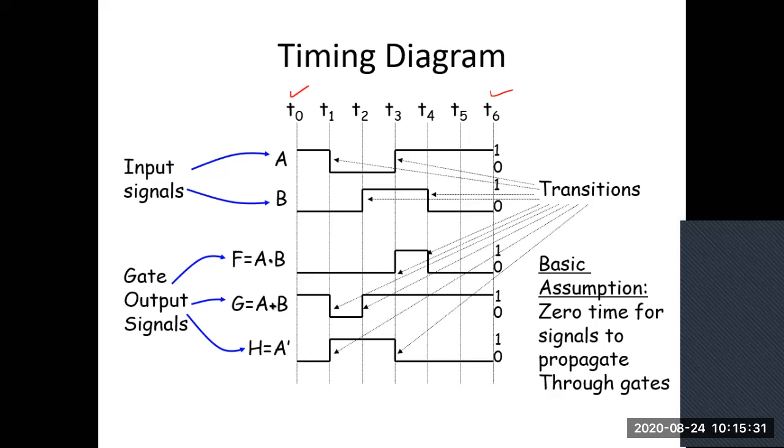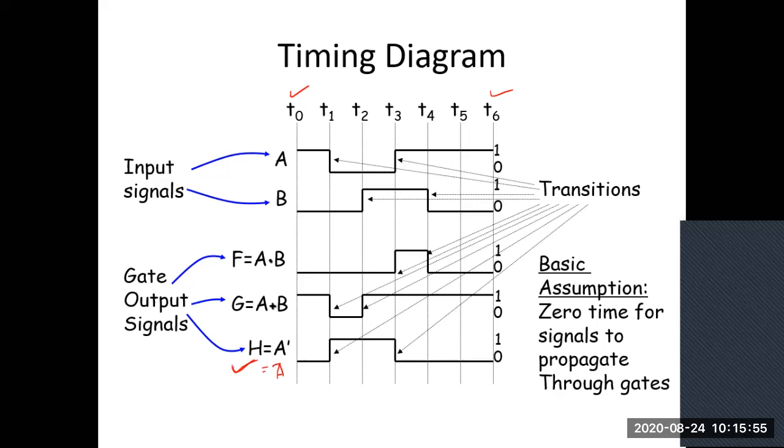So according to these two values, if you compare the timing diagram for AND gate operation, OR gate operation, and NOT gate operation, you will see, suppose we start from A bar. A bar means whatever there is in A, you need to reverse it. Whenever it is 1, you will get 0. Whenever there is 0, you will get 1.